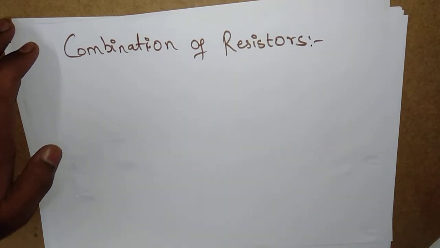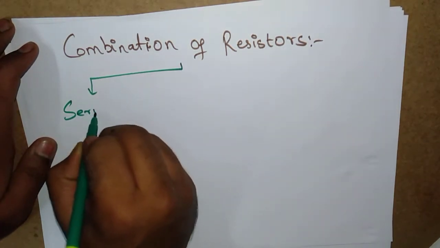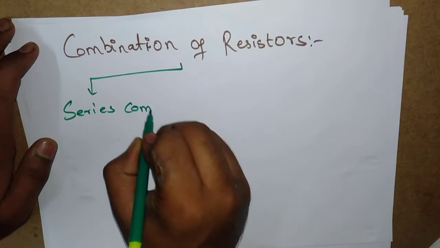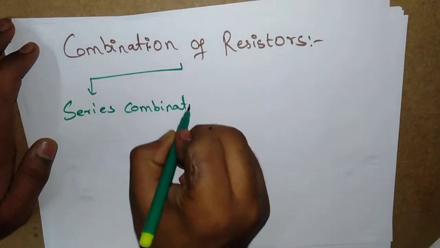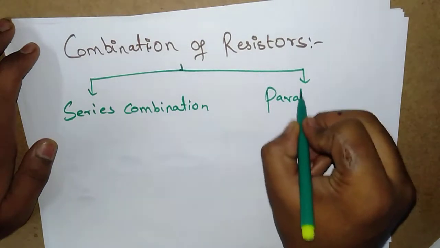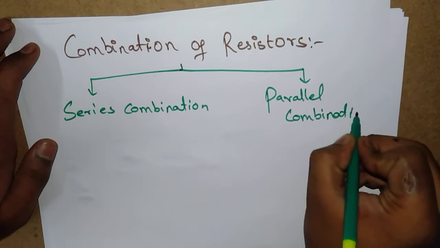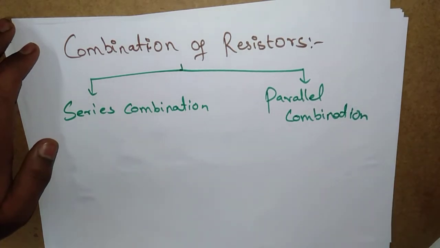The arrangement of resistors can be of two types. The first one is series combination, and another one is parallel combination.